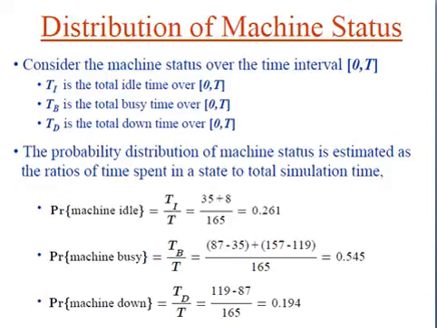Second one is machine busy, so that would be the time the machine was busy divided by the total time.